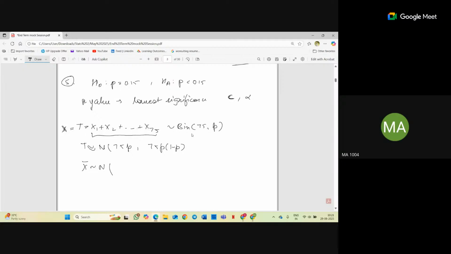Now, if x is following a binomial, what is the expectation? It will be 75p. And what is the variance? 75p into 1 minus p. So this will be following normal. This is my expectation and this is my variance. Now, is there any doubt?